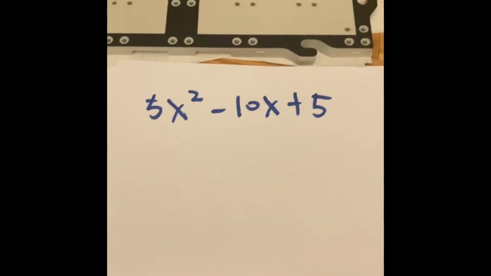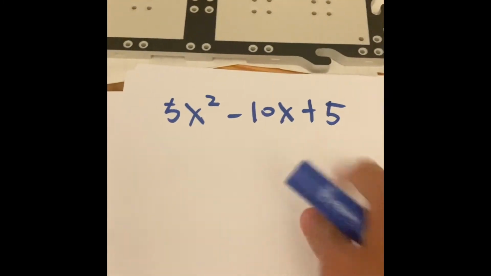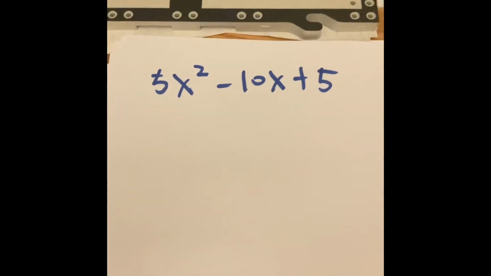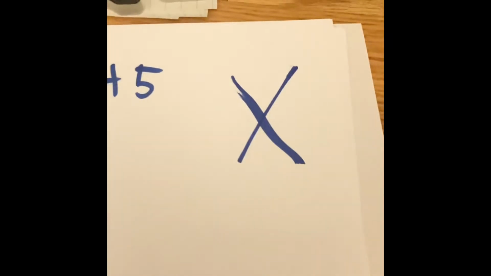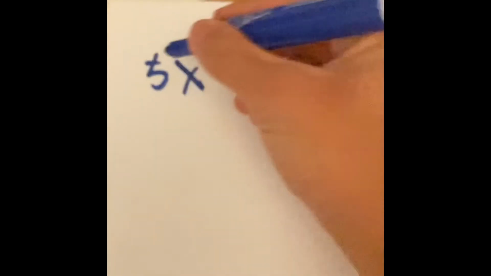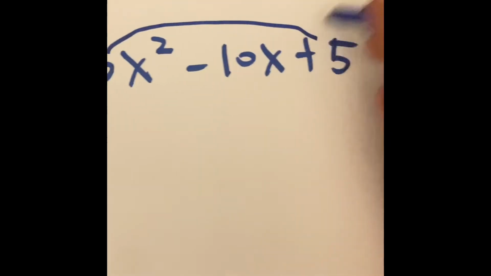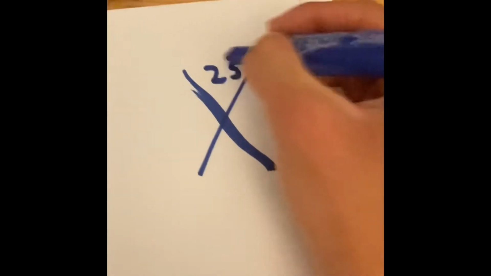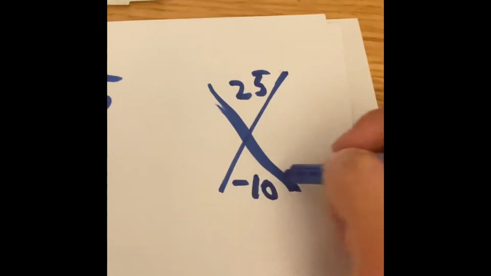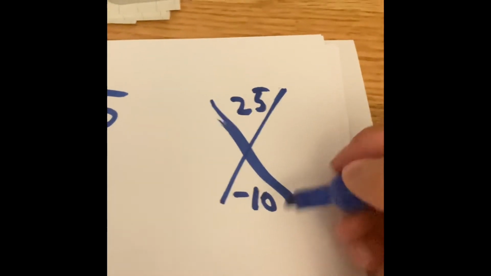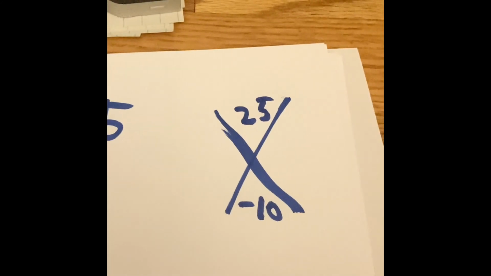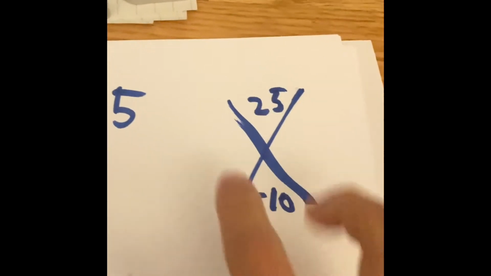Since we're going to be using the diamond problem, we have to multiply a by c, so that's 25 and negative 10. That's our first step, what we previously learned in our previous videos.